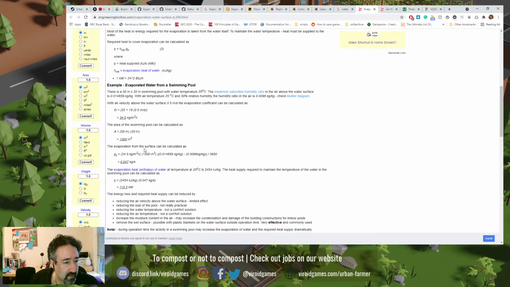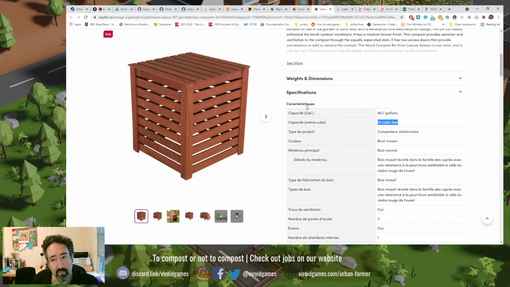So then we have the square meter part here, surface area. That will be the surface area of the compost. We can actually pull that from here. Okay, I arbitrarily set it as 5 square meters. It's like, I don't know, 2 by something. 2 by 2 is 4.